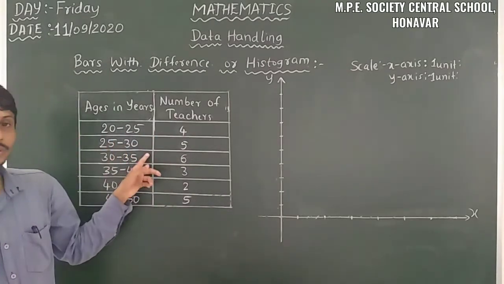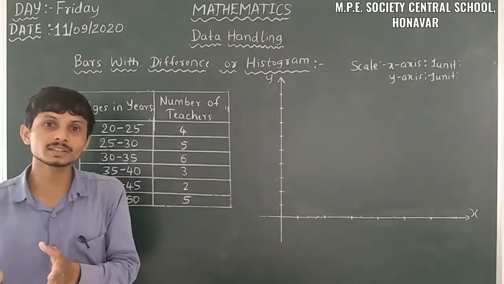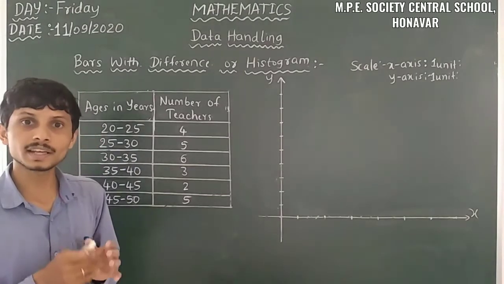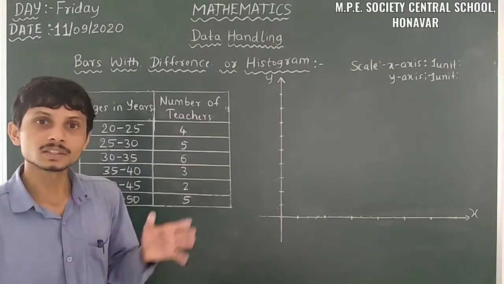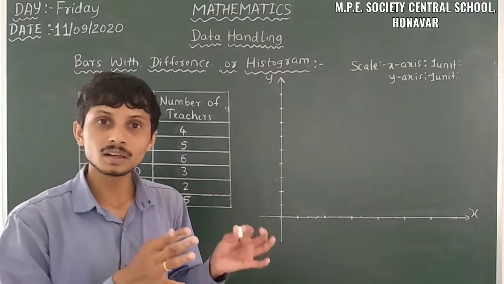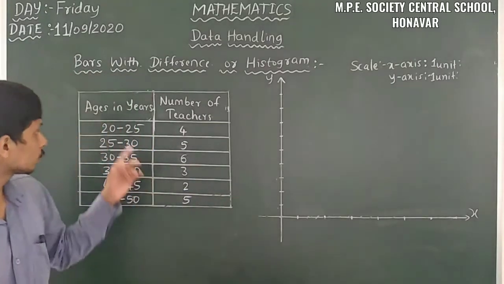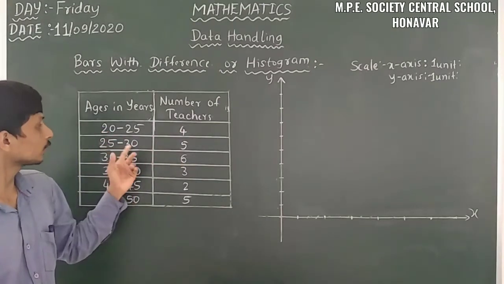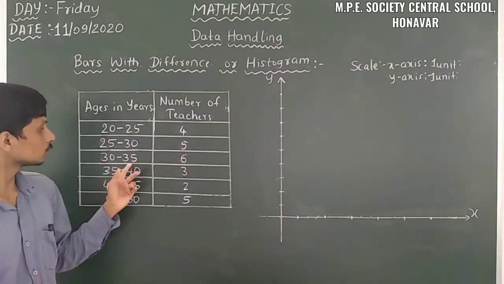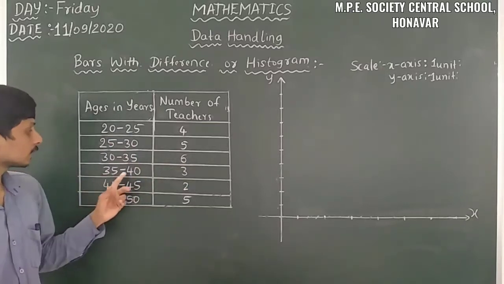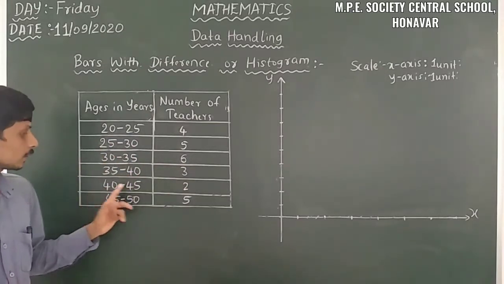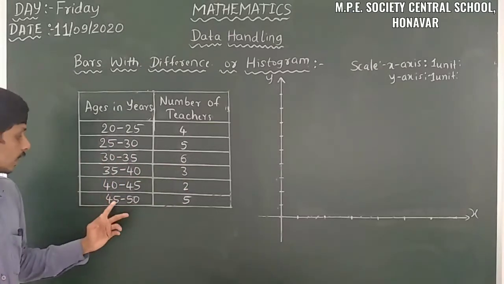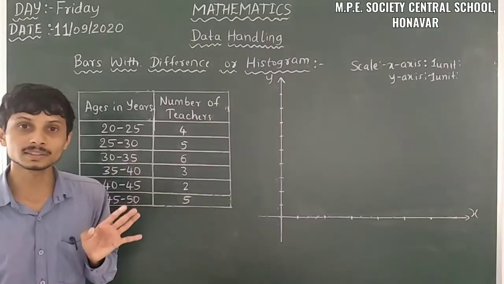And 25 to 30: between 25 and 30, how many teachers are there? So here, 20 to 25 has 4 teachers, 25 to 30 has 5 teachers, 30 to 35 has 6 teachers, 35 to 40 has 3 teachers, 40 to 45 has 2 teachers, and 45 to 50 has 5 teachers.